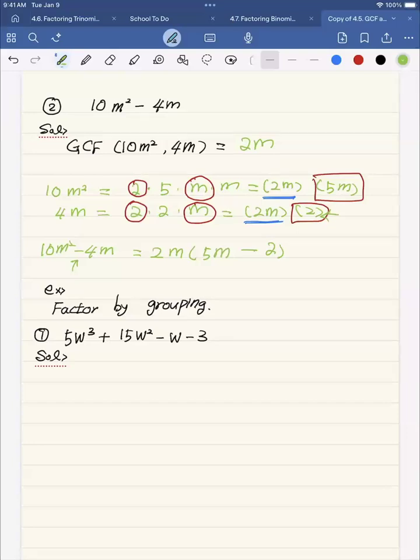In the next problem, we want to factor by grouping. What we want to do is we organize the terms according to the order, the power. So this is the highest one, and then second degree, first degree, and degree 0. And then we combine the first two and the last two.